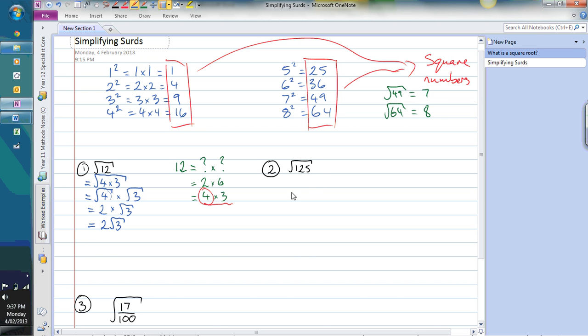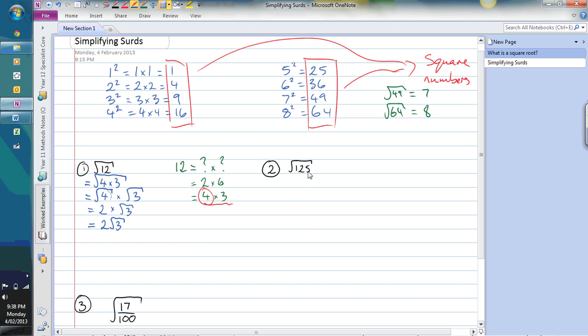Let's move on to our next example, the square root of 125. If we think about 125, we've got a few more options in terms of how we can deal with this one. But if I have a look there, we notice it ends in a 5, so that tells me it's a multiple of 5. Okay, I can probably divide this by 5, and that would be pretty nice.